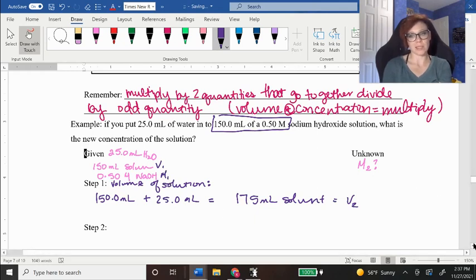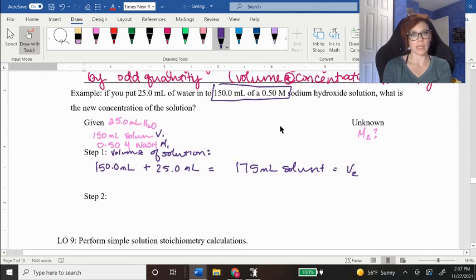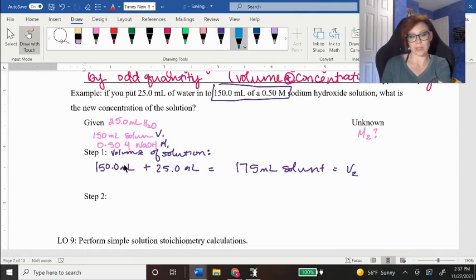Your second step in this type of problem is just to plug it into your formula. So I have M1V1 equals M2V2. Well, like your gas laws, you're going to divide by V2.